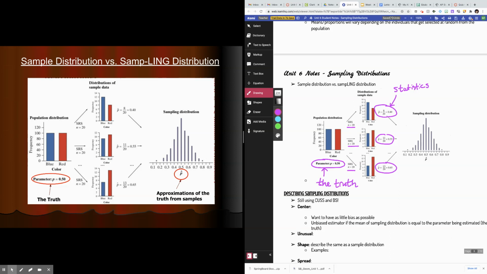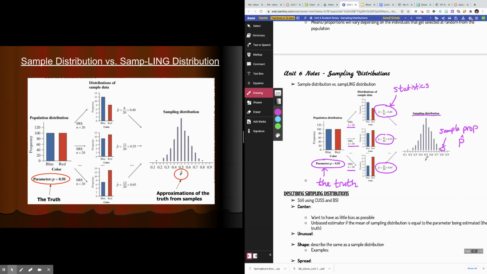If we use a computer to run this type of simulation many, many times, we end up with a sampling distribution, where each of these individual little dots, like this little dot right here, is a sample proportion, or a p hat value.